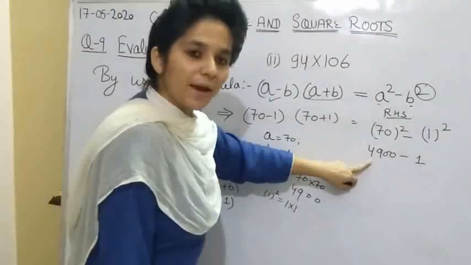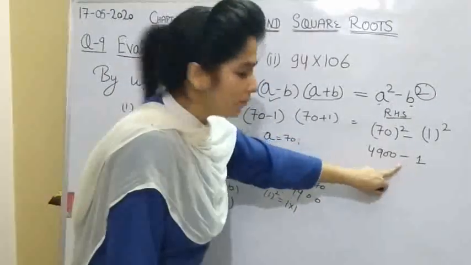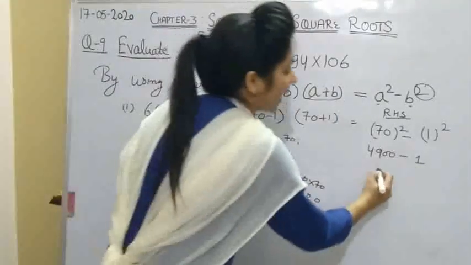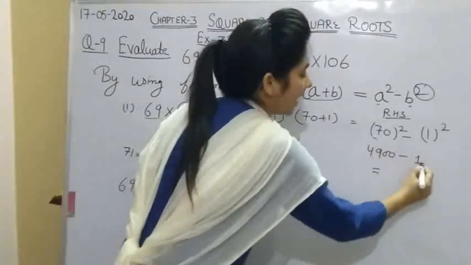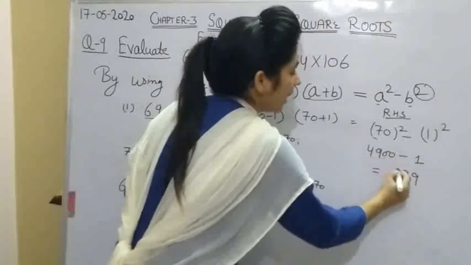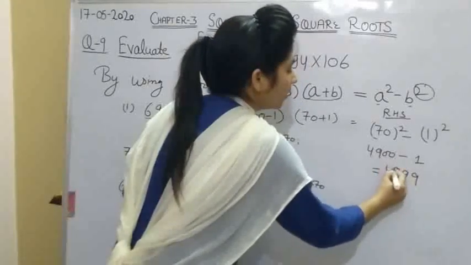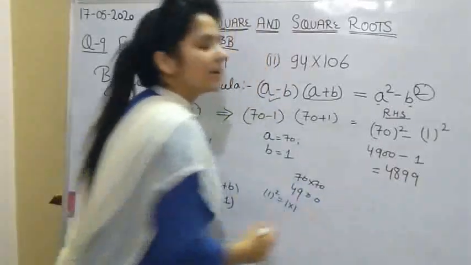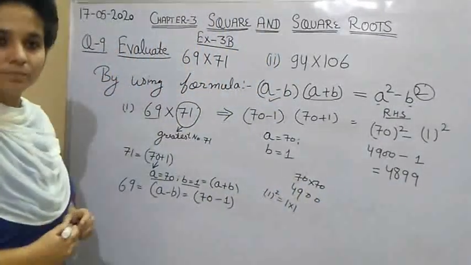Now we will subtract 1 from 4900, that is 10 minus 1, 9. There will be 9 and there will be 8. 4899.